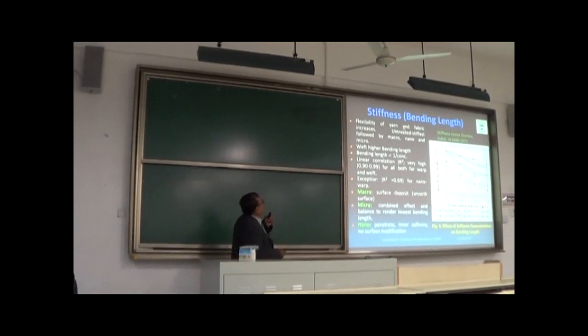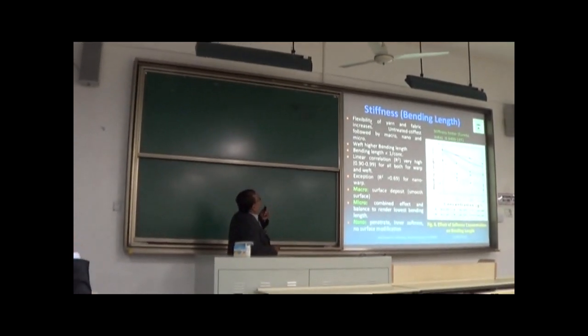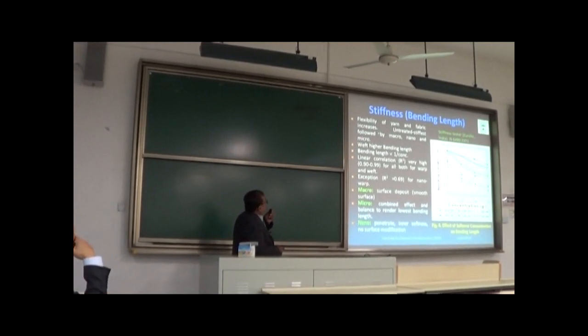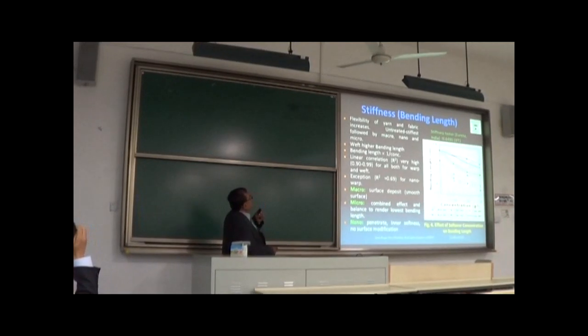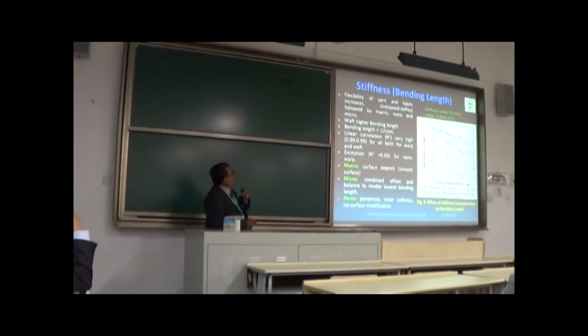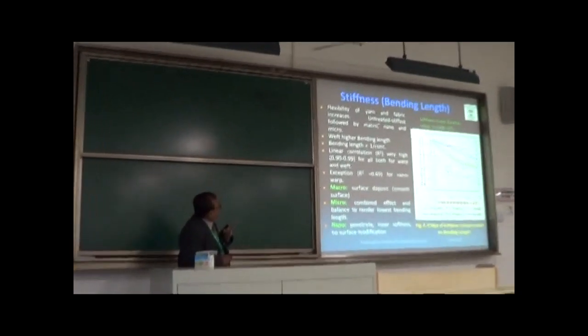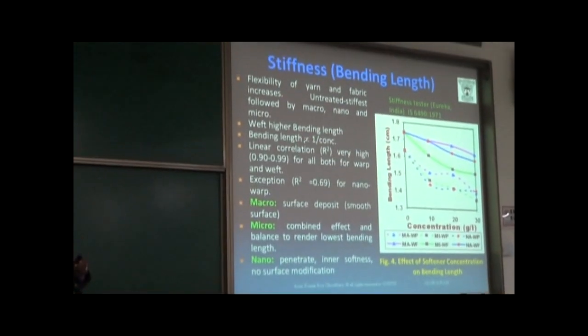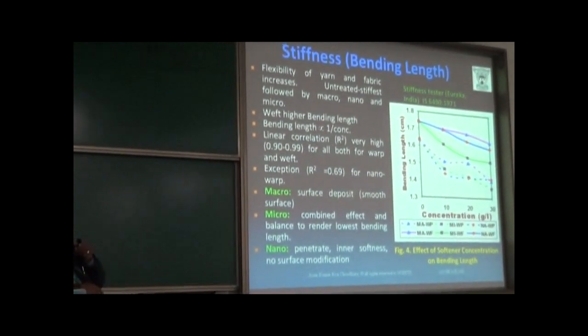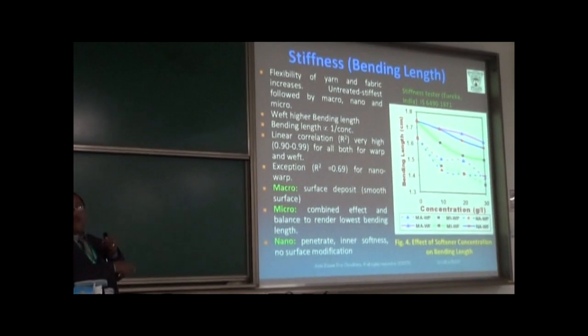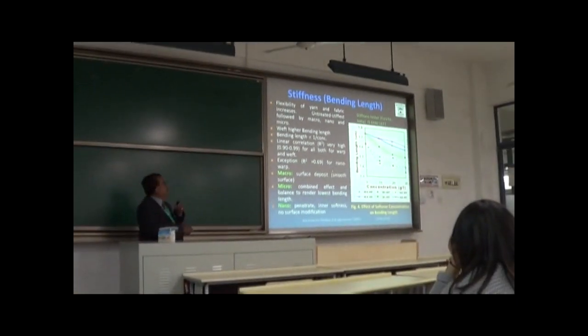Then stiffness or bending length. The flexibility of the yarn and fabric increased. Untreated was the stiffest, followed by micro, macro and nano. Bending length is inversely proportional to concentration, meaning with an increase in concentration, bending length decreases.